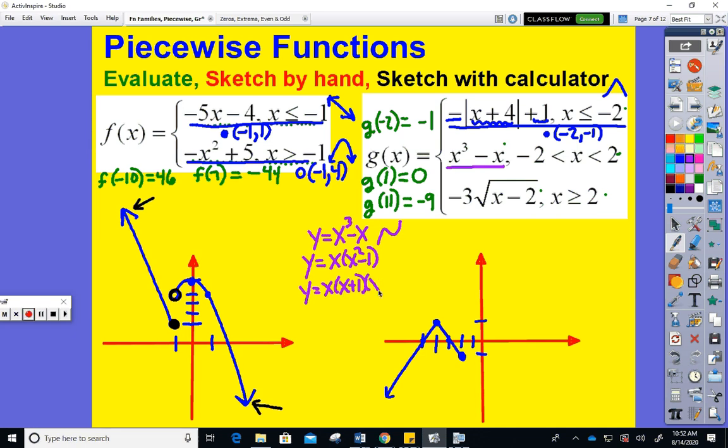Well, guys, that tells me it has roots at 0, 1, and -1. So I'm going to plot those points, and let's see here. It actually starts at an open circle of -2. Let's see here. -2 cubed is -8, minus a -2, minus a -2 is +2, so -8 plus 2 is -6.